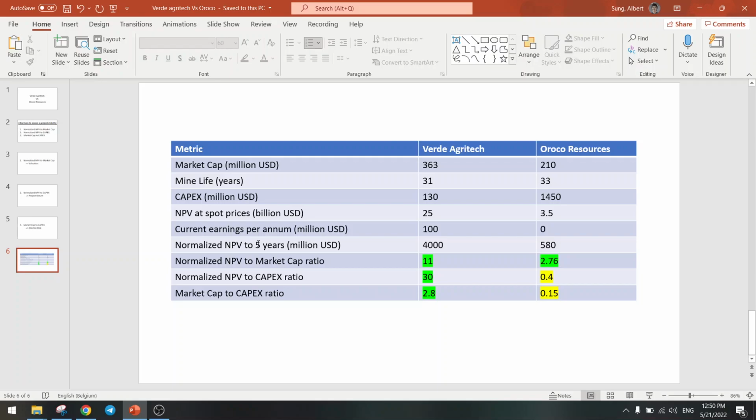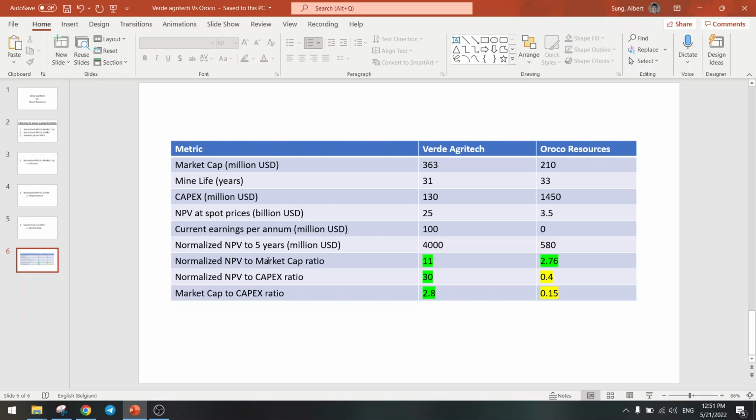I normalized it to 5 years, so we divide by 6 because this is 30 years. 25 divided by 6 is 4 billion normalized NPV. For Oroco, you also divide by 6, which gives you 580 million.